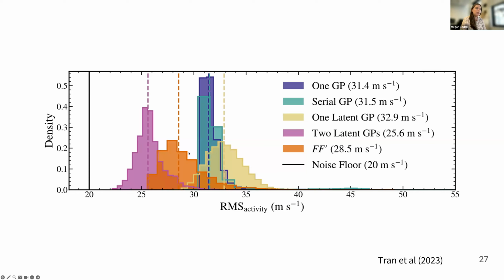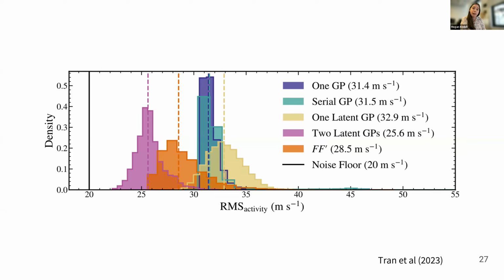What we find is that the two latent GP model that Kwong developed outperforms other models pretty significantly. It even slightly outperforms the FF prime model, which we think makes sense given that this is a very complex noise case with the evolving spots, where FF prime shouldn't necessarily work perfectly.